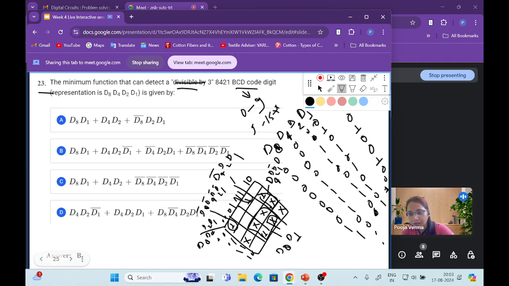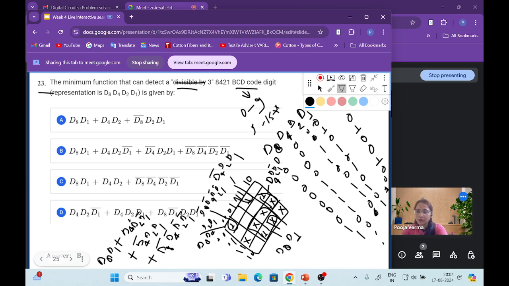Here I am writing D8, D1, plus this one D4, D2, D1 bar, plus this one D4 bar, D2, D1, then this part D8 bar, D4 bar, D2 bar, D1 bar.